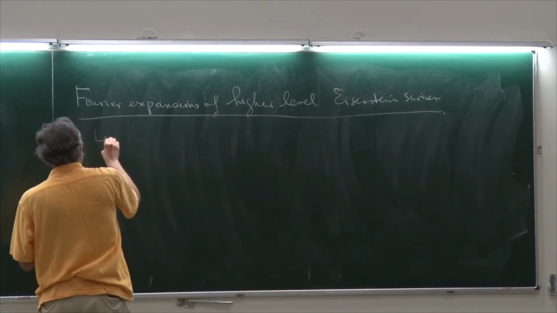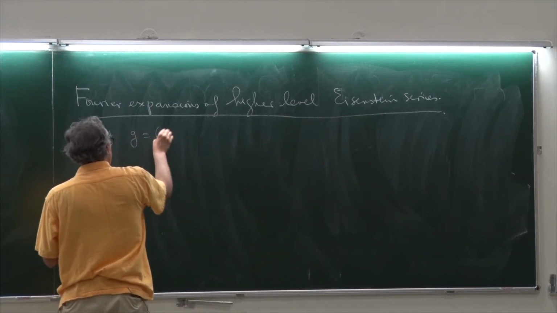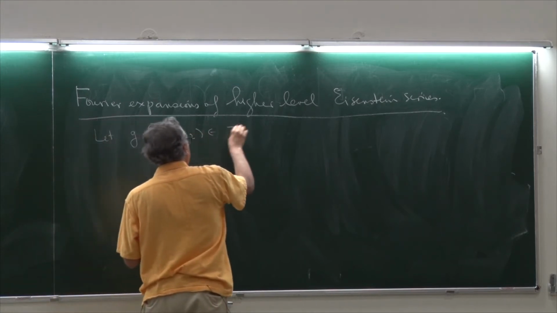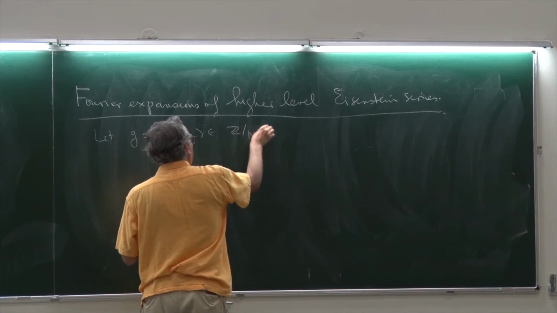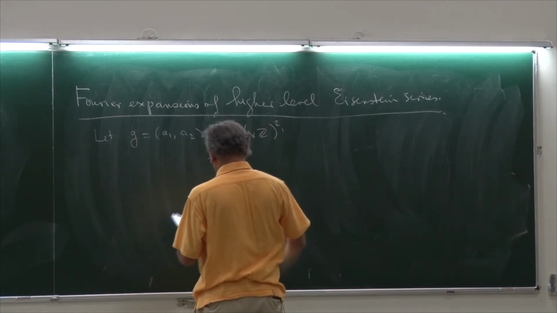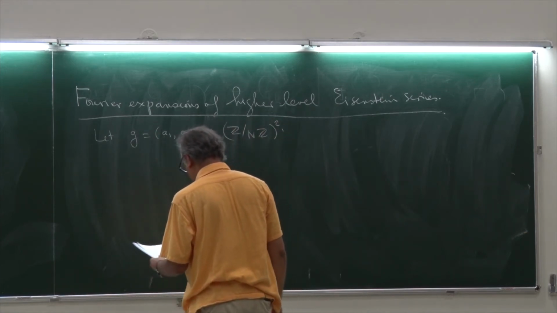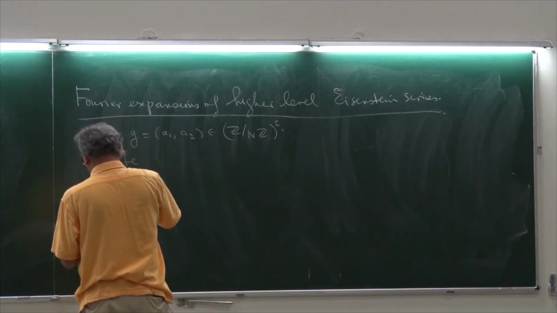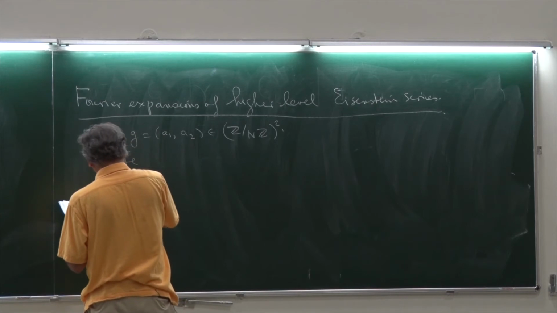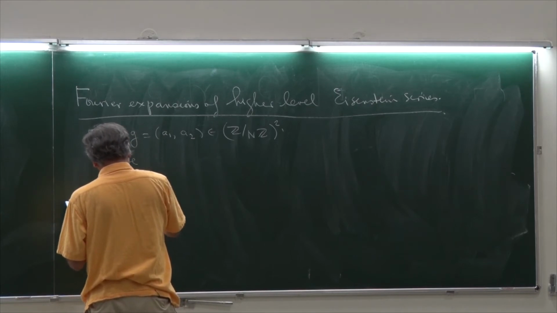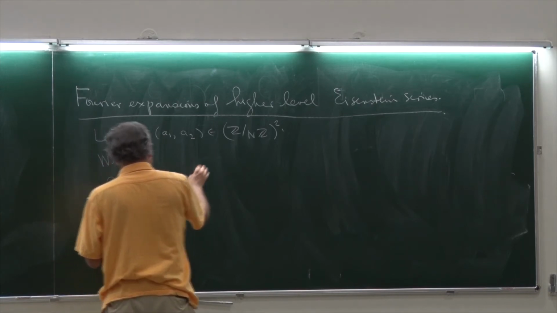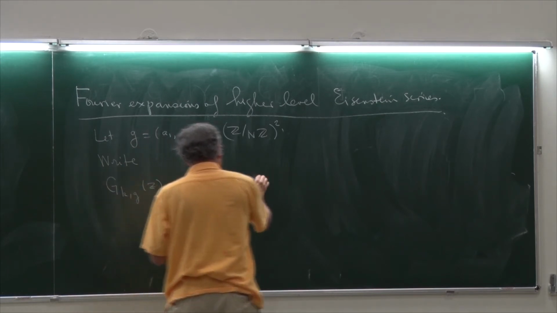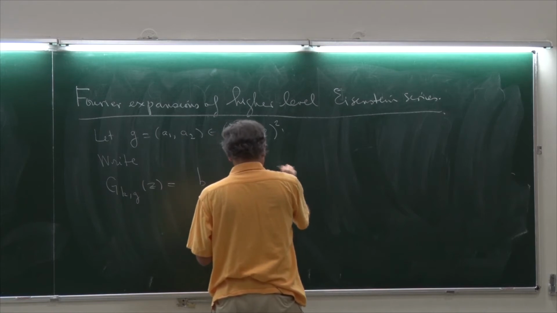So let G be equal to (a1, a2), and write G_k,G of z as b_k,G of 0 plus a sum of further terms.